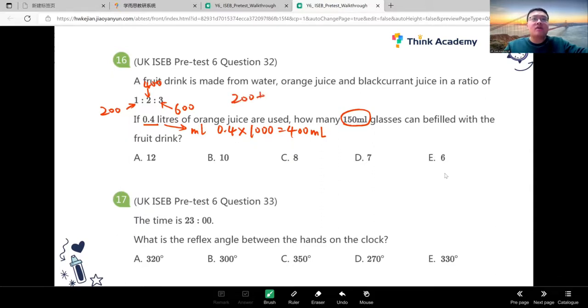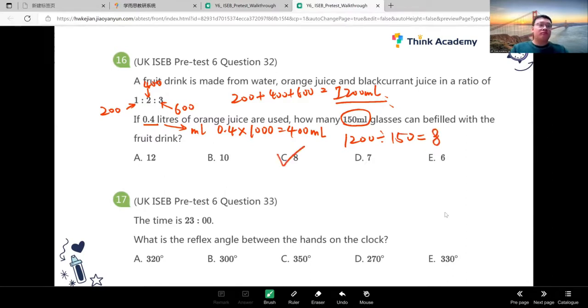That'll be 200 plus 400 plus 600, and that gives you 1,200 milliliters. So how many glasses can you fill? That'll be 1,200 divided by 150. So what do you get? Yes, it's going to be 8. Then you choose C.